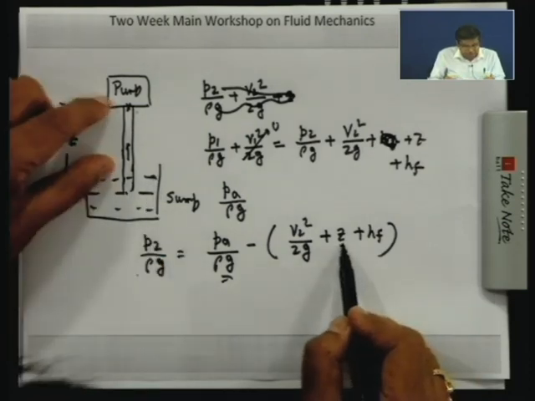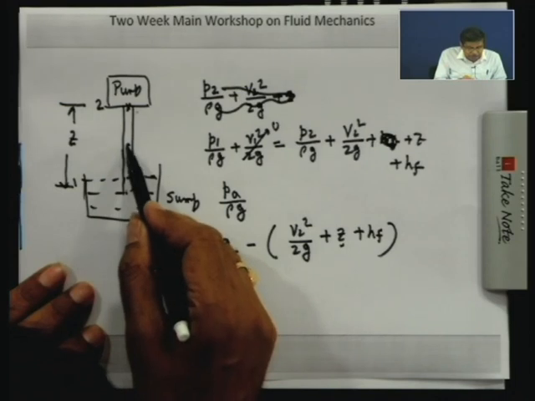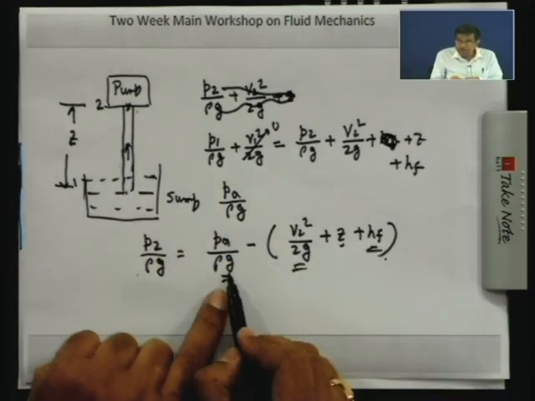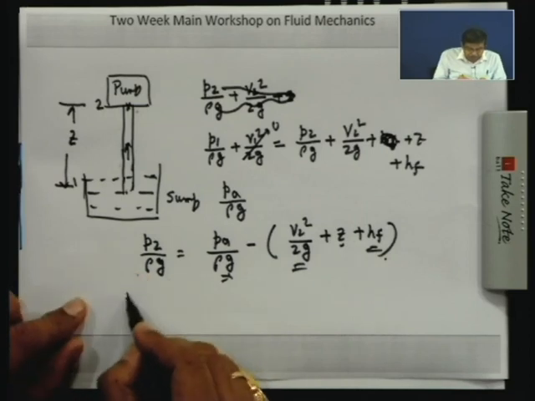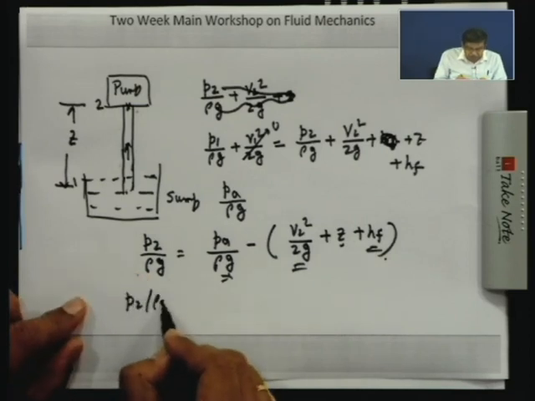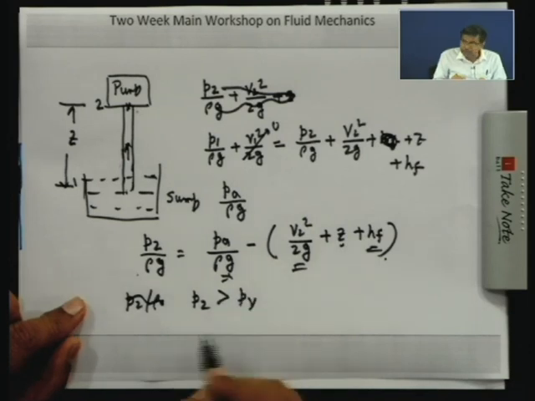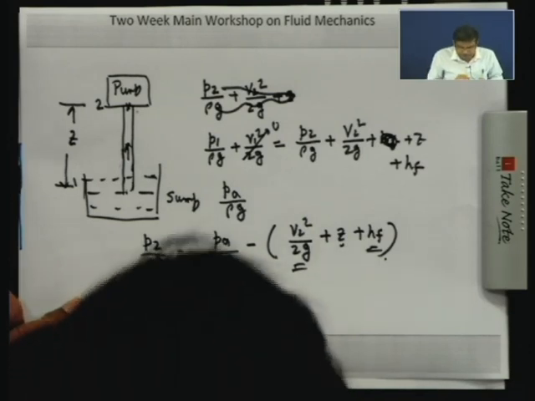So the more the elevation, the more the velocity of flow, the more the losses, the more severe is the suction pressure, and obviously P2 has to be greater than PV to avoid cavitation, that is the vapor pressure at the working temperature.